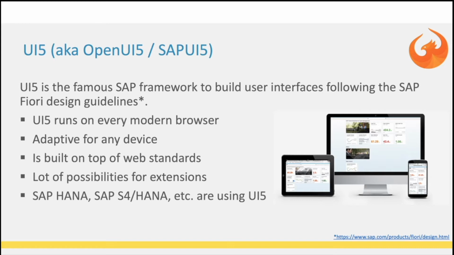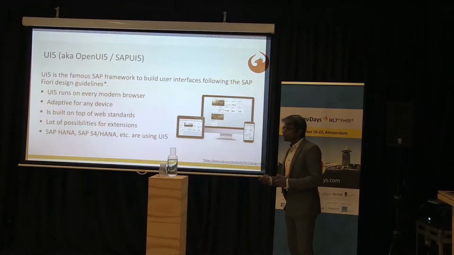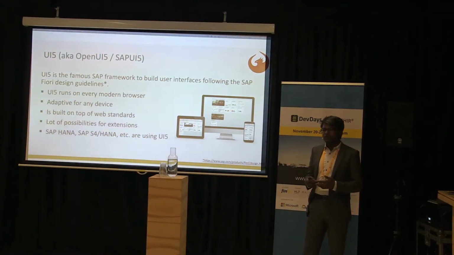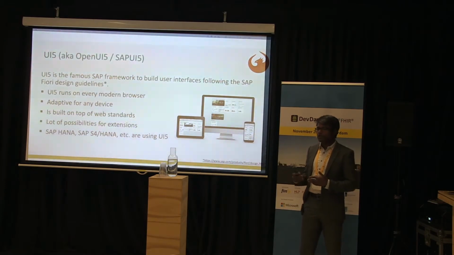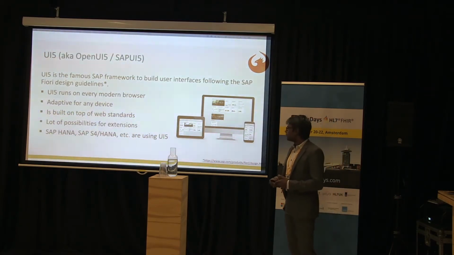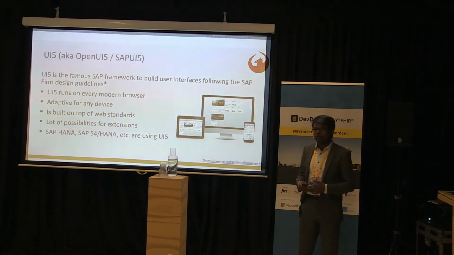For example, HTML5, CSS, JavaScript. And there is also a lot of possibilities for extensions, which means that the framework doesn't always have to be used as it is, but the developer community can always extend and build anything that they want from the framework itself. And most of the SAP's flagship products, like HANA or S4 HANA, they're currently using UI5.